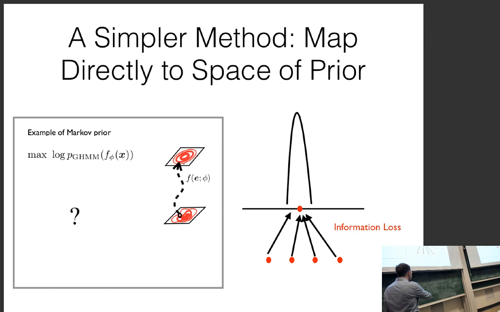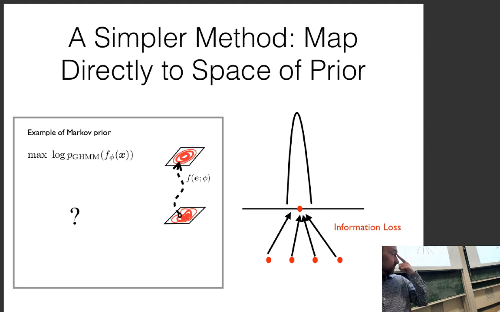So you have this infinitely peaky Gaussian around 0 that assigns all of your probability mass to all the points that were mapped to 0. So if you just train the simple thing where you take a neural network and convert everything to a good space, then this will break and basically won't learn anything.